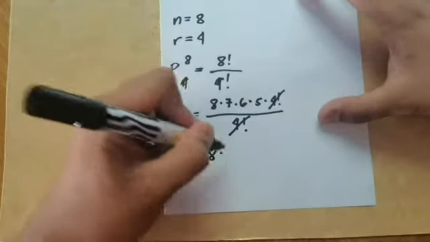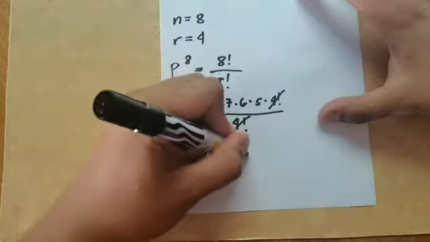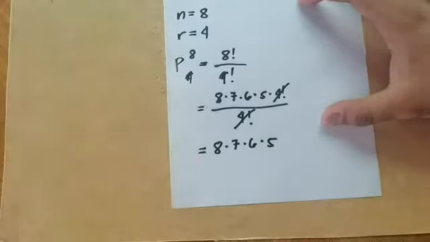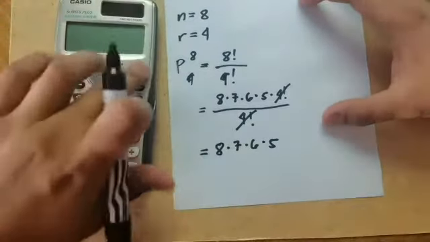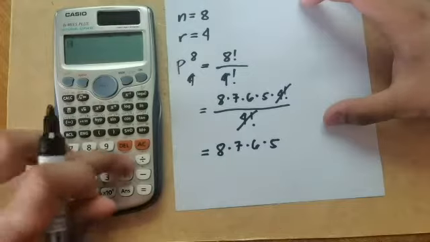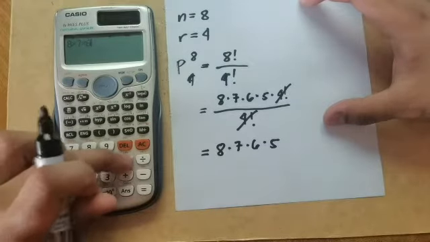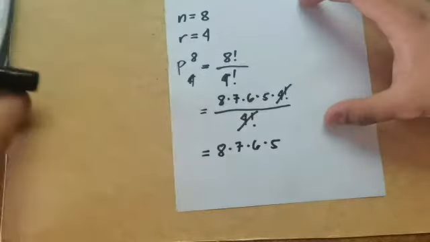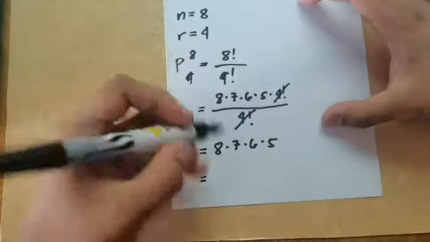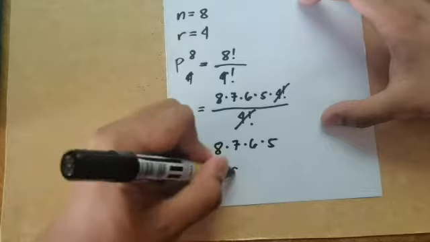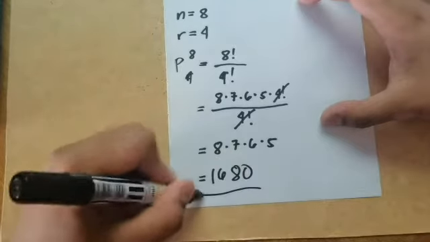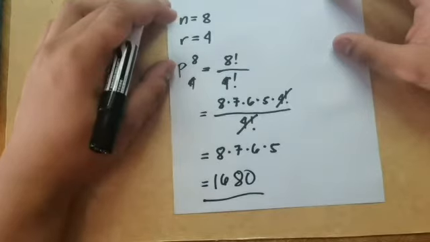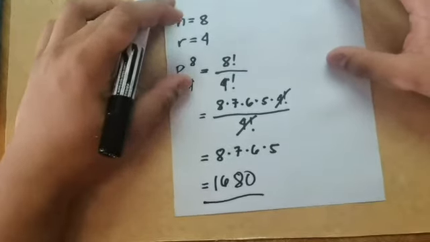This will be 8 times 7 times 6 times 5. So using a calculator, we can find the answer. 8 times 7 times 6 times 5 is 1,680. So there are 1,680 different designs possible.